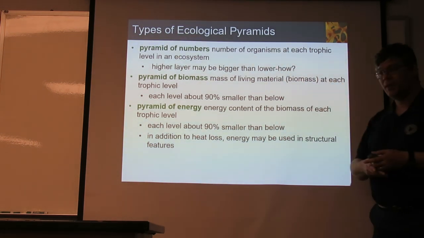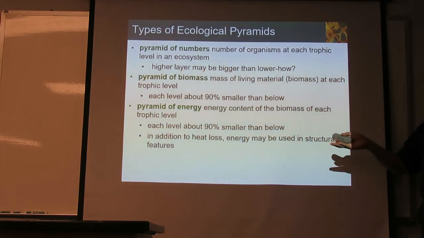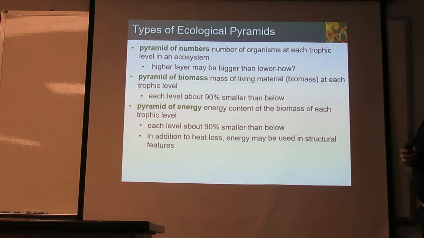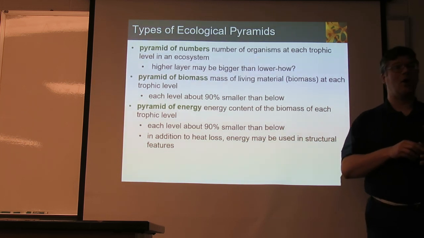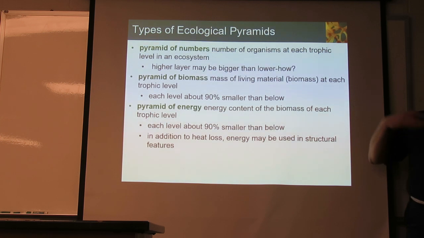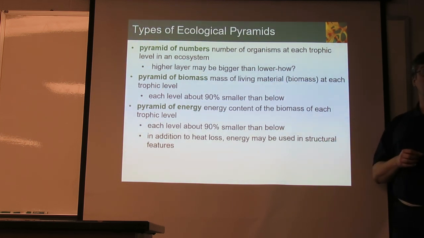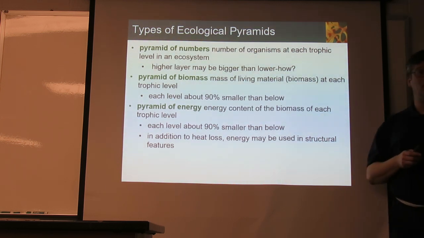Now, numbers, that gets a little messy. Sometimes you may have more herbivores than producers. How would that work? Well, if, say, our producers is a set of maple trees and our consumers are a bunch of insects, how many bugs can all be eating one maple tree?